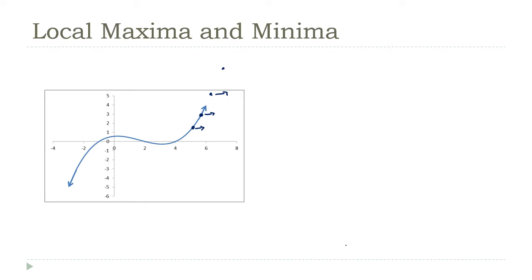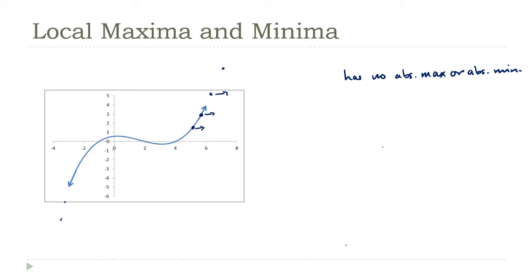And you have the same problem with a minimum, right? You've got the same issue here with it going down. So this function has no absolute maximum or absolute minimum.